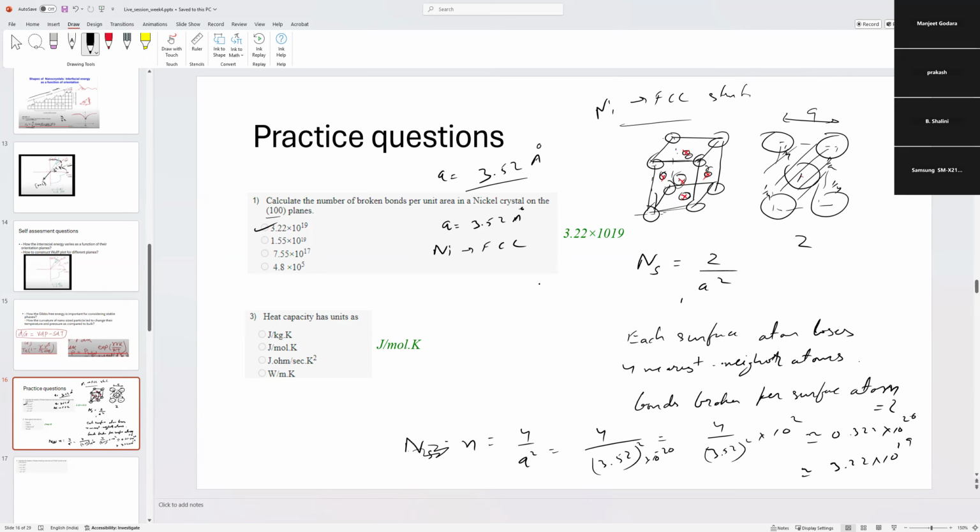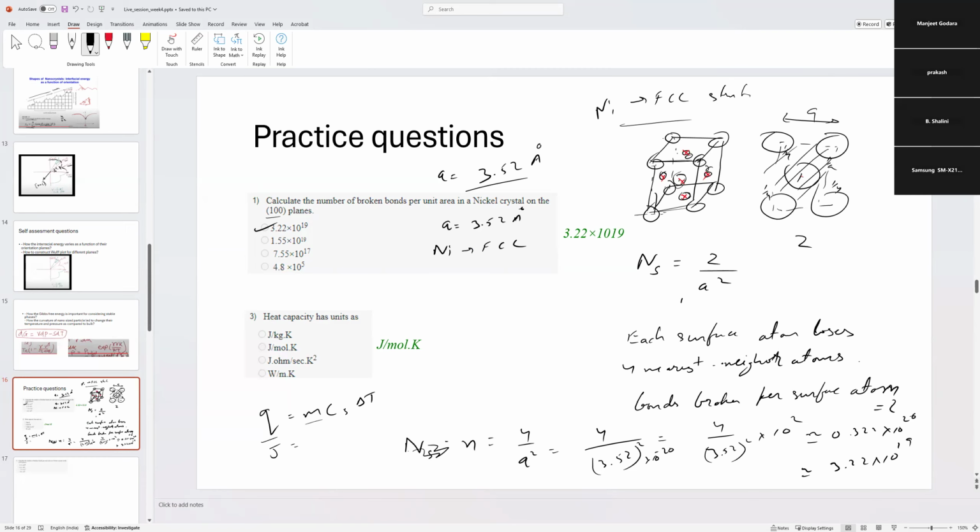Heat capacity. So specific heat capacity. If you remember the formula, it's Q equals m c delta T. Q is heat, and Q is energy, so joules.